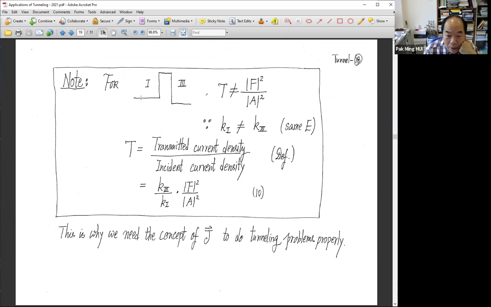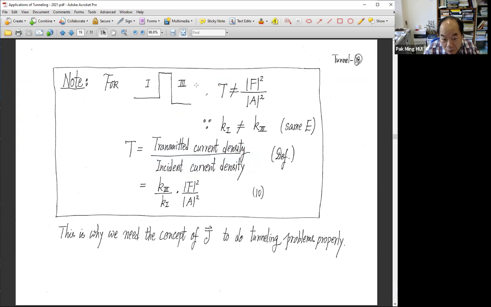So now, if you don't have the situation where the right and the left-hand side are the same potential energy function, but say the right side is slightly lower, then be careful. The transmission coefficient will not be that simple, but it's not complicated. All you need to do is to follow the definition, okay?